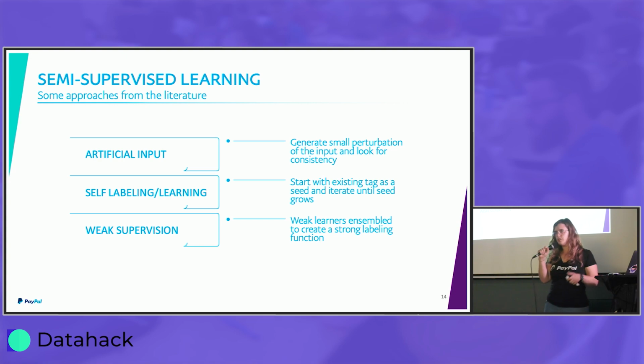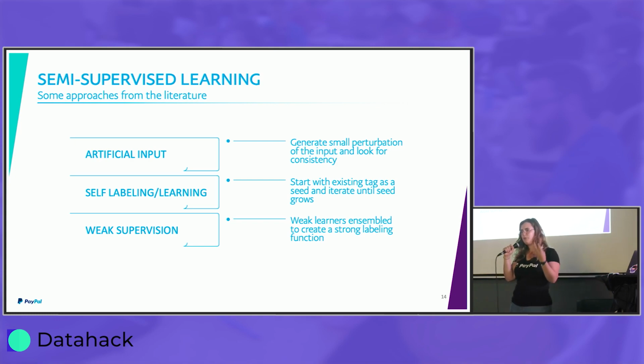Two other approaches to deal with the semi-supervised learning case can be self-labeling or weak supervision. Both of these methods take the labeled sample and use it in order to label the unlabeled part. In self-labeling, maybe some of you remember that Nofal from PayPal talked about it last year.